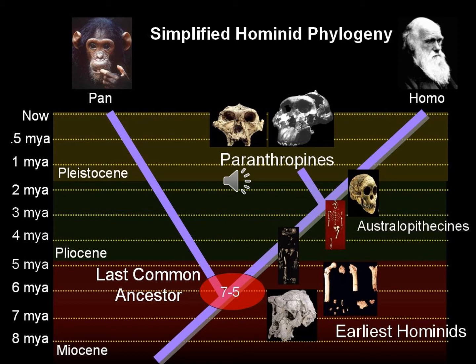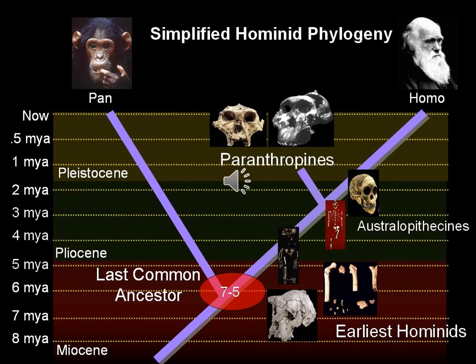The Paranthropines are like this kind of vegetarian offshoot, and we'll cover that in the third part of this lecture series. They're really interesting. They look like they have very adaptive chewing and mastication for specifically a vegetarian diet.